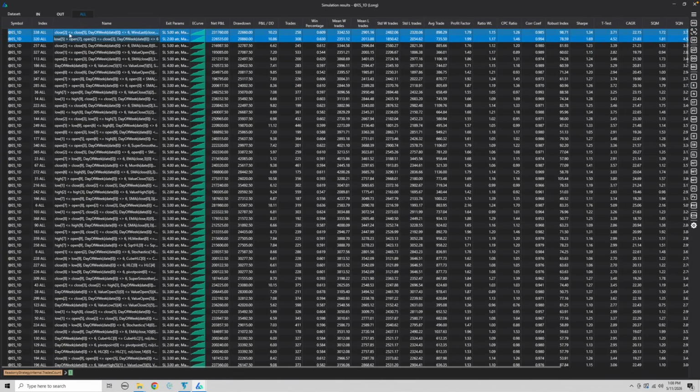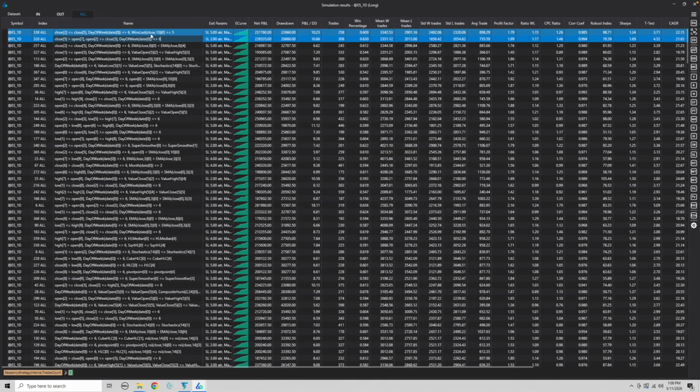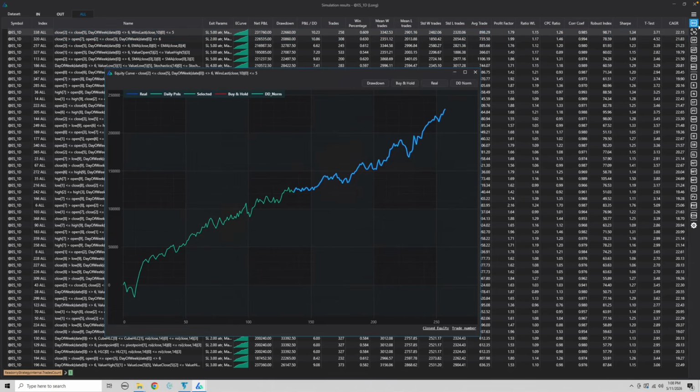The close of 2 bars ago is less than the close of 5. And then we have this other indicator, win last over the last 10 bars is less than 5. What that means is the closing price, if I remember correctly, has to be below the previous day for the last 5. This produces an equity curve that looks like this, which is really strong.